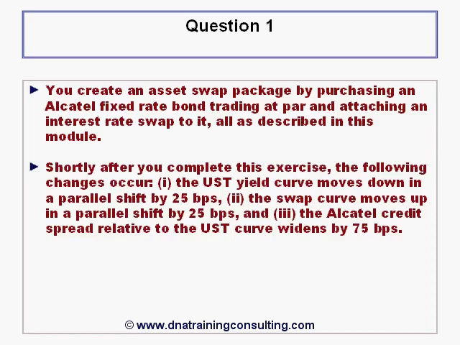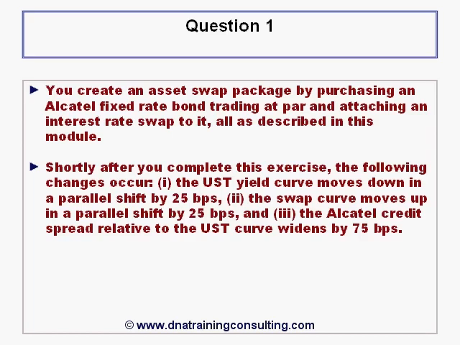1. The U.S. Treasury yield curve moves down in a parallel shift by 25 basis points. 2. The swap curve moves up in a parallel shift by 25 basis points. And 3.